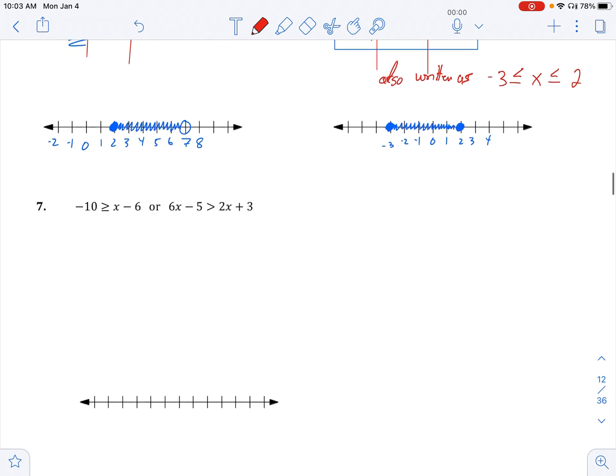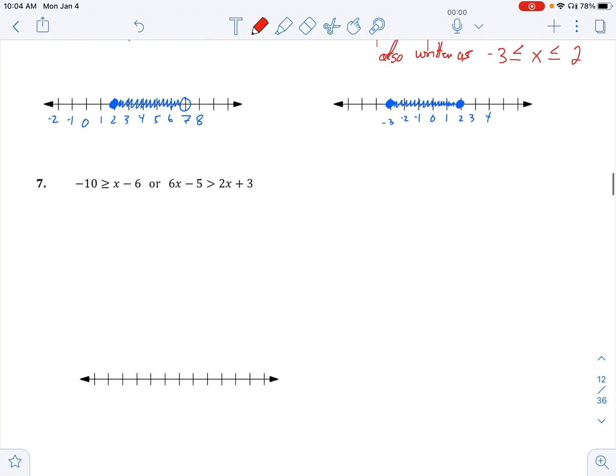As I slide down to problem number 7, here is an OR. When I have an OR, remember we are going to graph both of the inequalities. Well, if I'm going to graph both the inequalities, I need to solve both the inequalities. So in this first one over here, we're going to add 6 to both sides. And we're going to get negative 4 is greater than or equal to x.